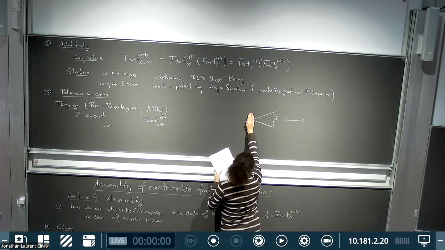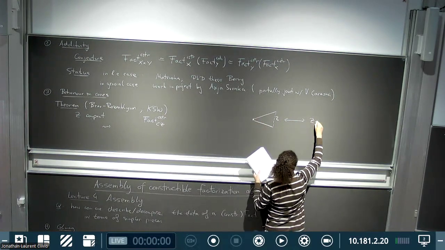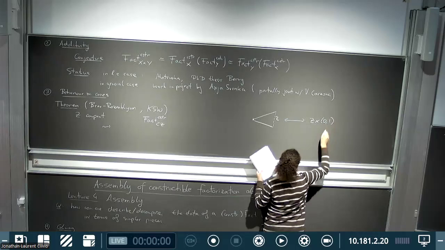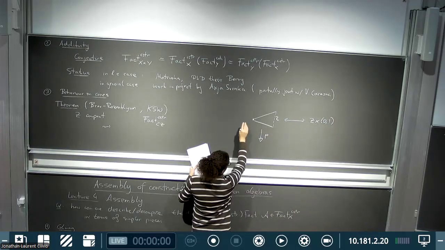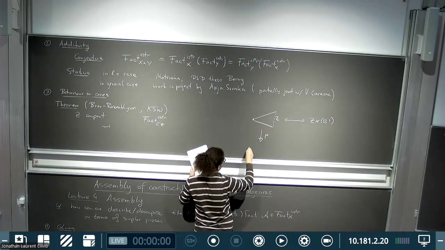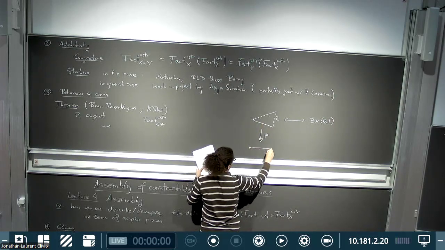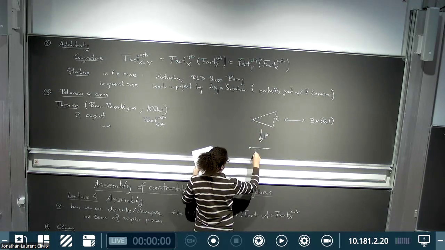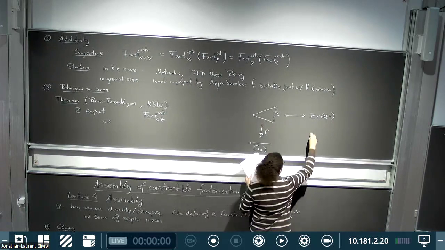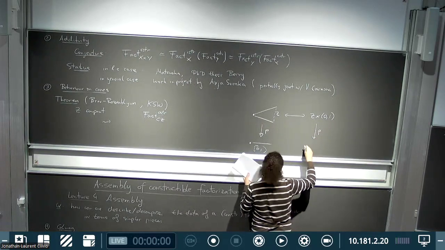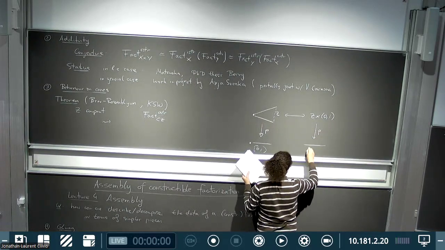Away from the cone point, this is just Z cross the open interval. But then you can also project down. The way I drew it, we project horizontally down onto a half open interval. Similarly here, you can project down onto the open interval.